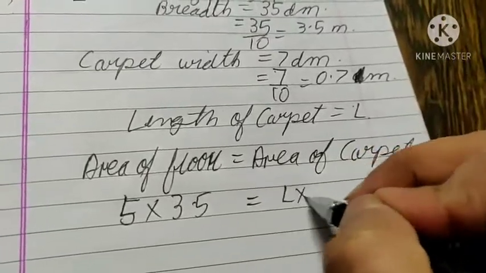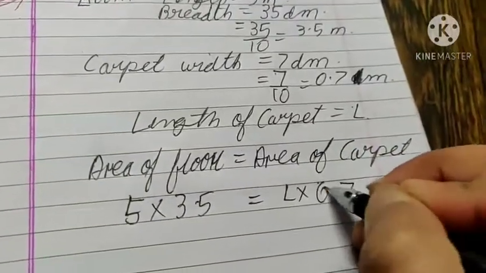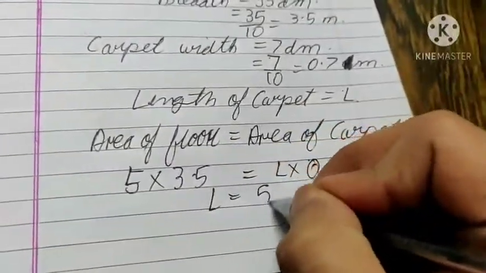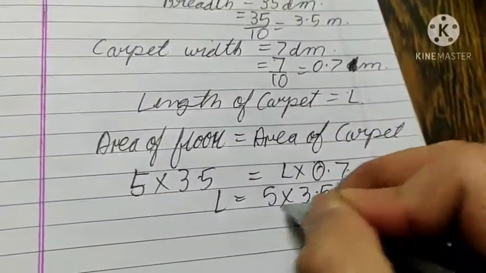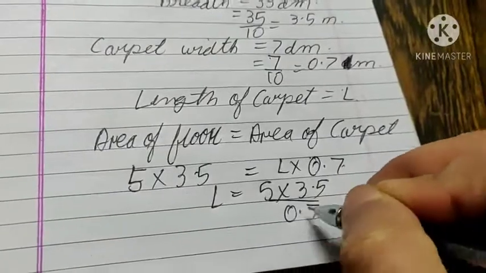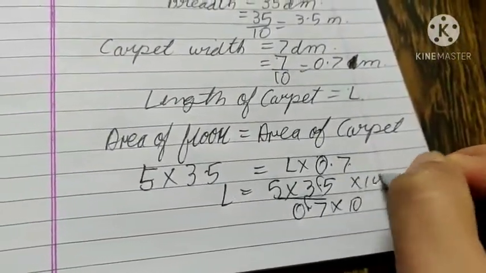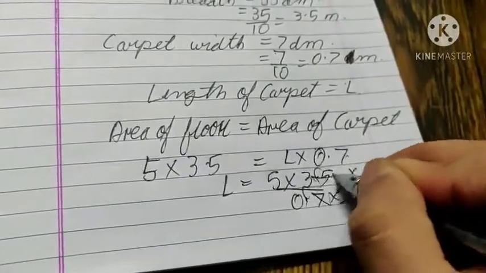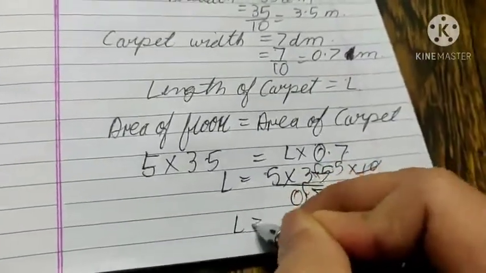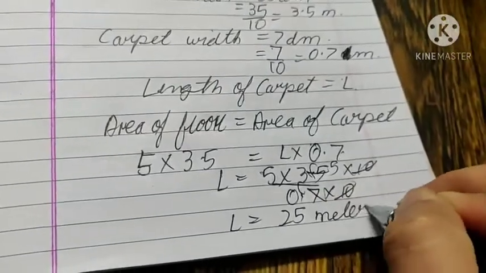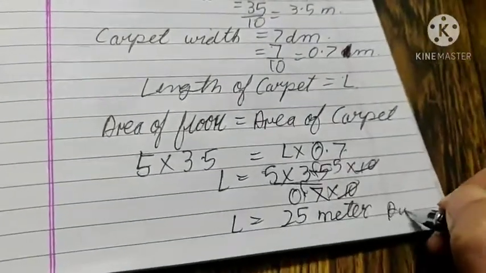Here length is not known, breadth is 0.7. So length is equals to 5 into 3.5 upon 0.7, removing decimal, 5 into 5, that is 25 meter. So this is our answer.